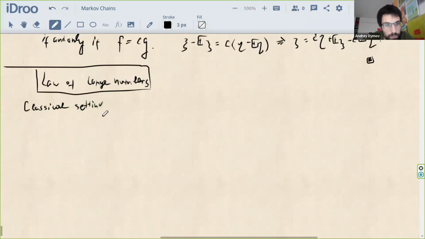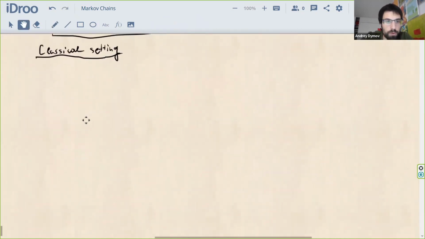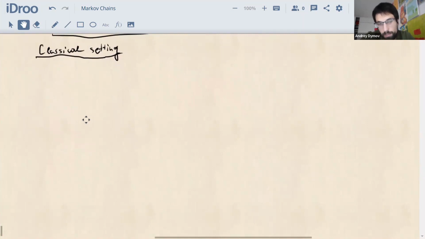I will even prove it, and then I will pass to Markov chains, because the scheme of the proof for Markov chains is the same as for independent random variables in the classical setting, but since the random variables in the Markov chain are not independent, it becomes much more technical.